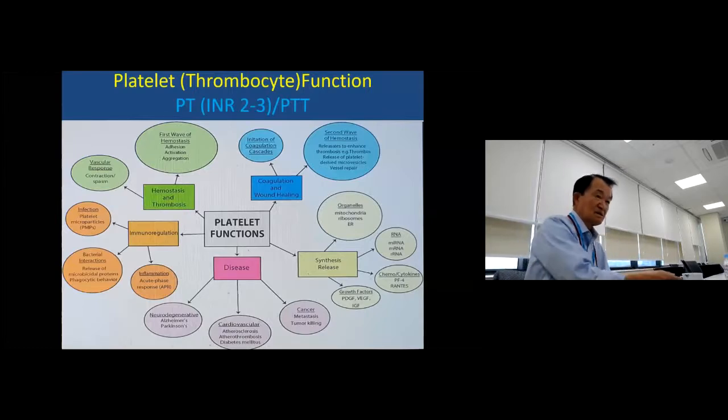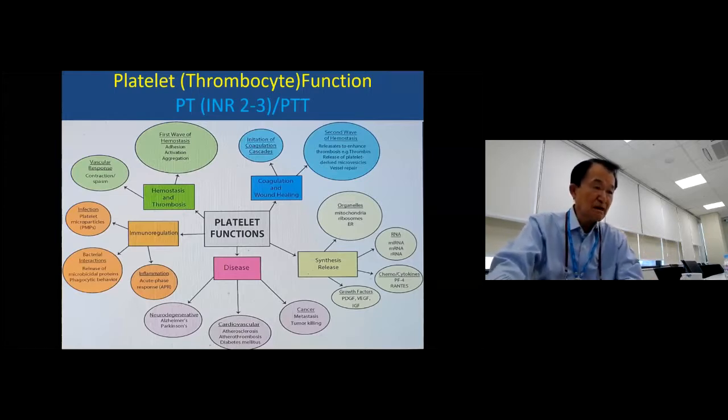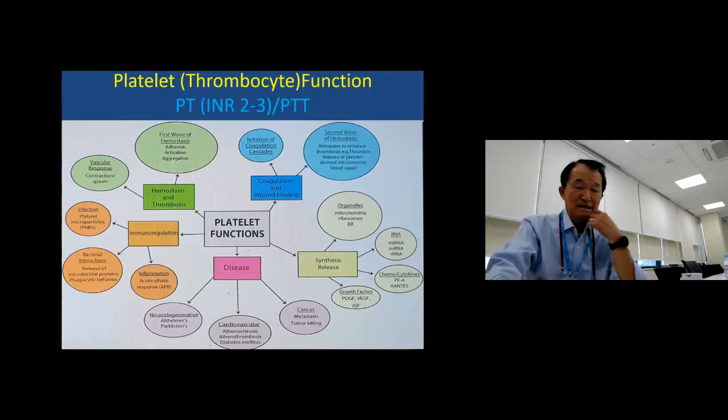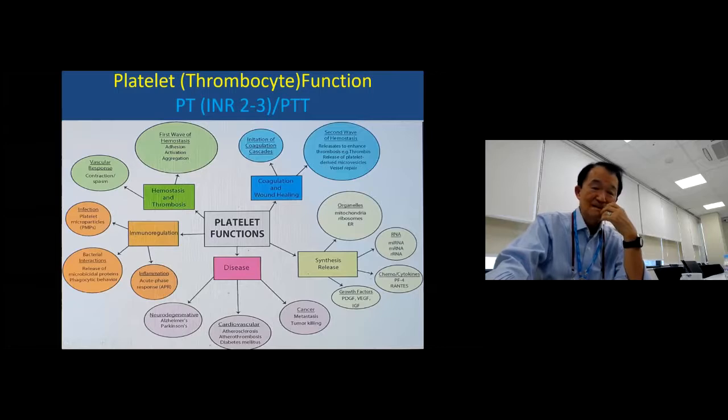So if we look at platelet function, you can see not only the coagulation process, but all kinds of other things relate to platelets. All the important growth factor synthesis, cytokines, chemokines, or microRNA that's important for new cancer therapy, and certain mitochondrial function, and estrogen function, and hemostasis, and also immune regulation.